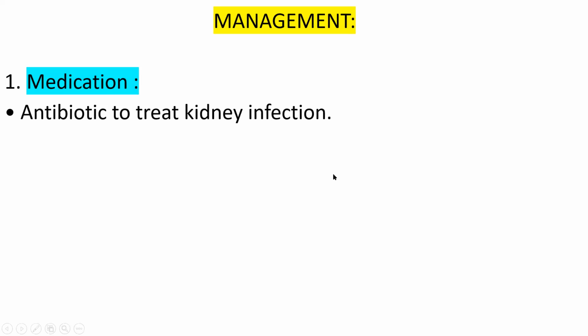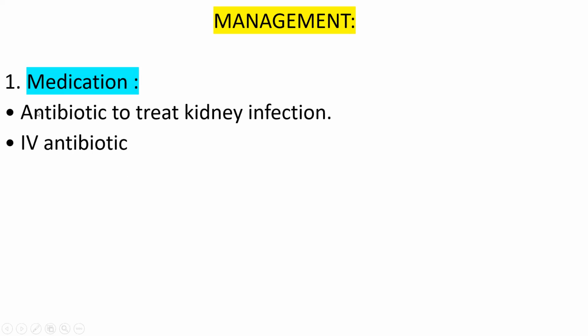So antibiotics are mainly given to treat this kidney infection. If your infection is very serious, because when you have a kidney infection you are prescribed antibiotics, but when that infection is very serious, you might require an antibiotic that is infused intravenously. So that is IV antibiotic.